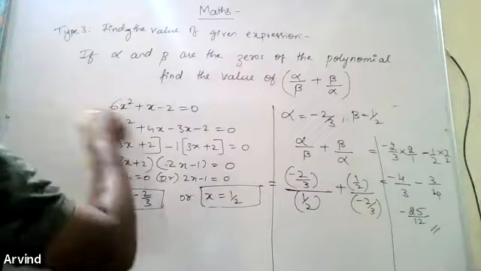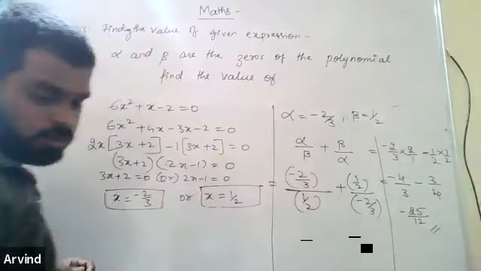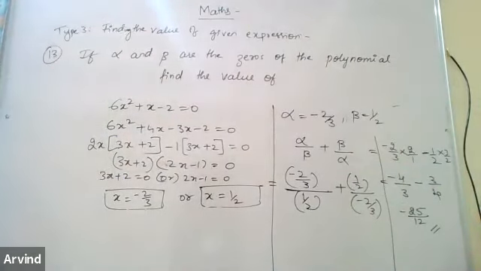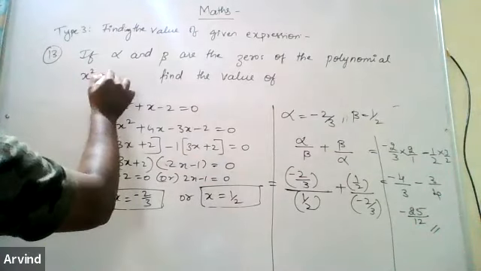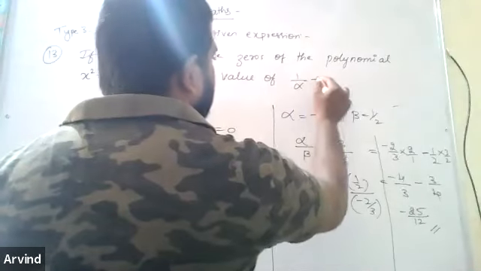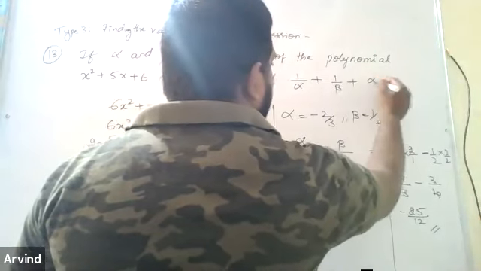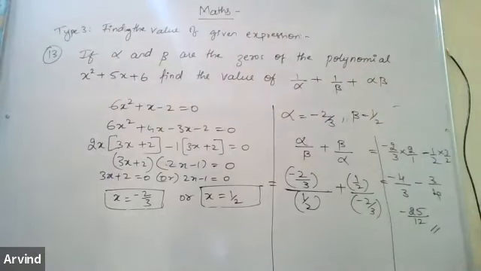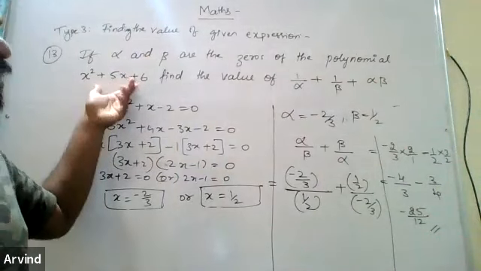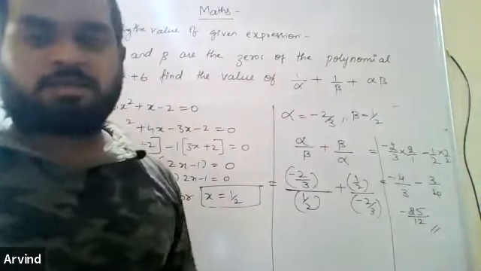The 13th one. Solve it on your own. The 13th one, you have to do it. X square plus 5x plus 6. Find the value of 1/alpha plus 1/beta plus alpha into beta. You have to find the value of this. Find its zeros. Alpha and beta will be found, and substituting them wherever alpha and beta appear will give the answer.